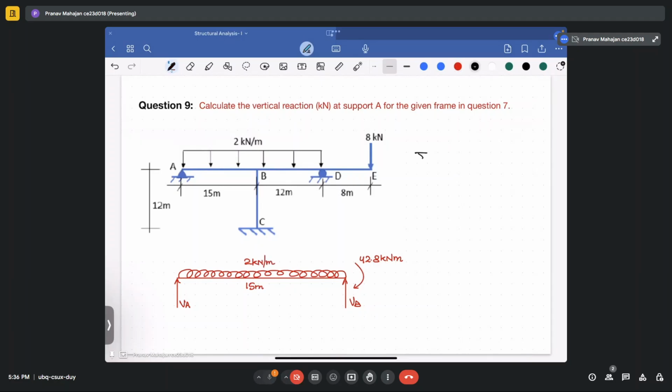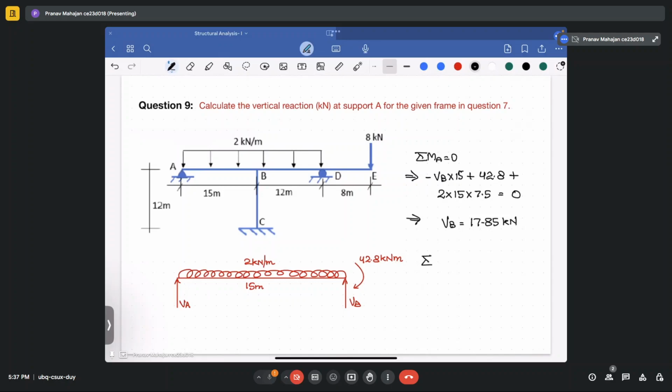So taking moment about A equal to 0, you're having minus VB into 15 plus 42.8 plus 2 into 15 into 7.5 is equal to 0. So your VB is coming out to be 17.85 kilonewton.